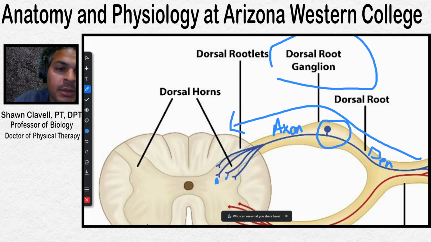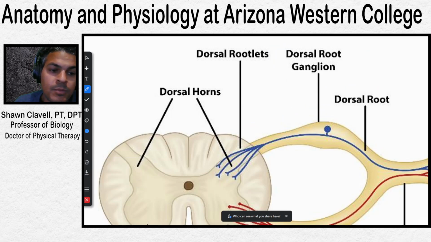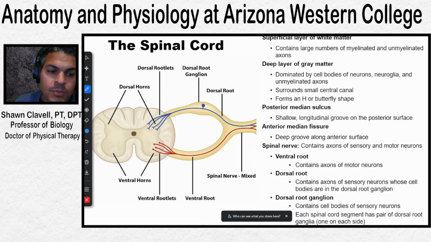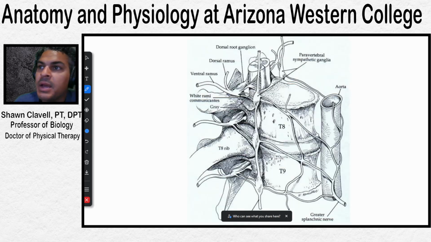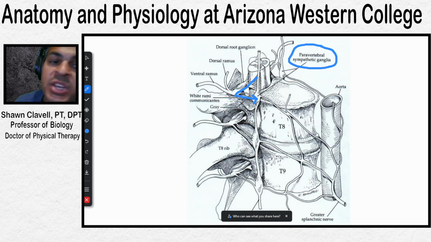What's another ganglion? Another ganglion is related to the autonomic nervous system in your visceral organs: the paravertebral ganglion. So in this situation, information leaves out, either visceral or sensory, but we're going to think motor in this case, excuse me, will leave out here, and it synapses on cell bodies that are adjacent to or parallel to the vertebral column itself.